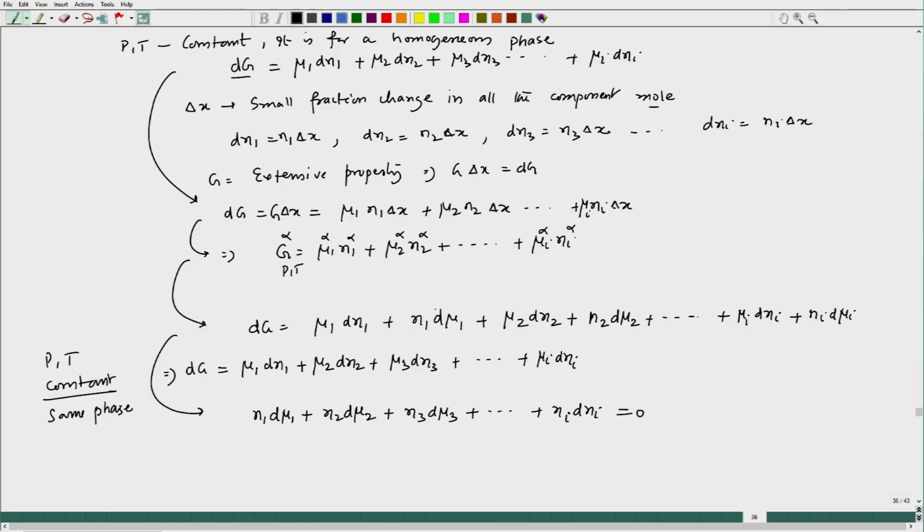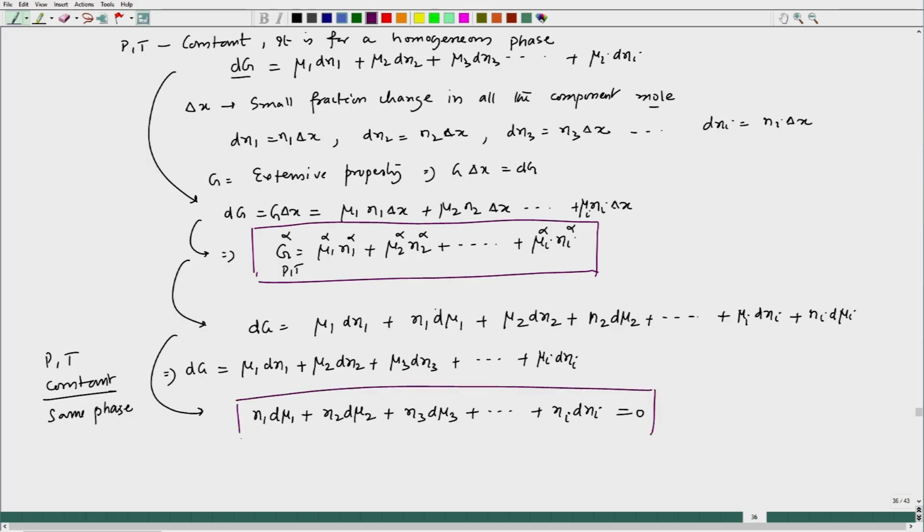So, now we have a couple of interesting equations. So, this is one, let me mark it with color. This is another and this is another.